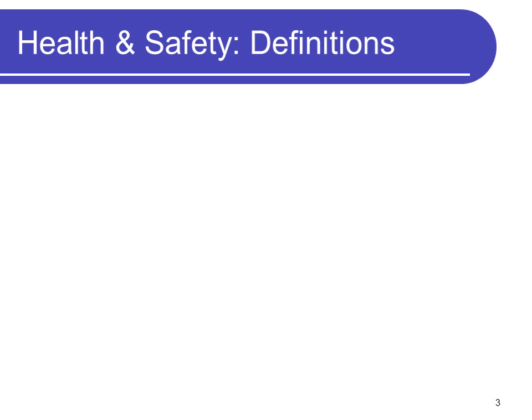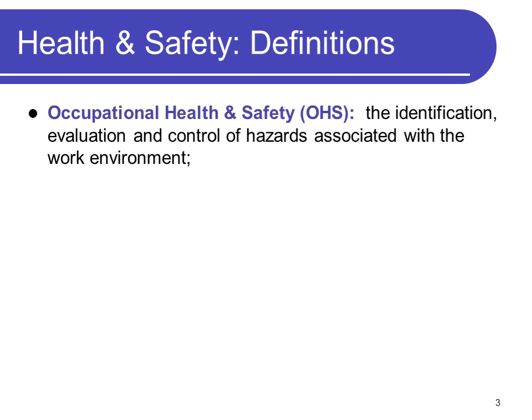We are going to see some definitions in regards to health and safety. What is occupational health and safety? There is a definition that I found in some books: it's the identification, evaluation, and control of hazards associated with the work environment.